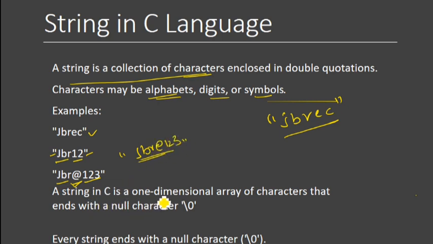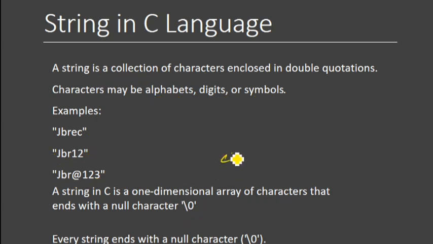A string in C is a one-dimensional array of characters that ends with a null character, backslash 0. For example, I'm writing char A[10] = "JBREC". This is a declaration.